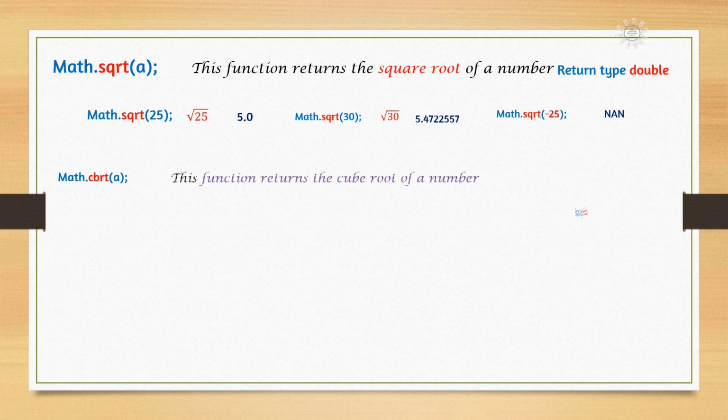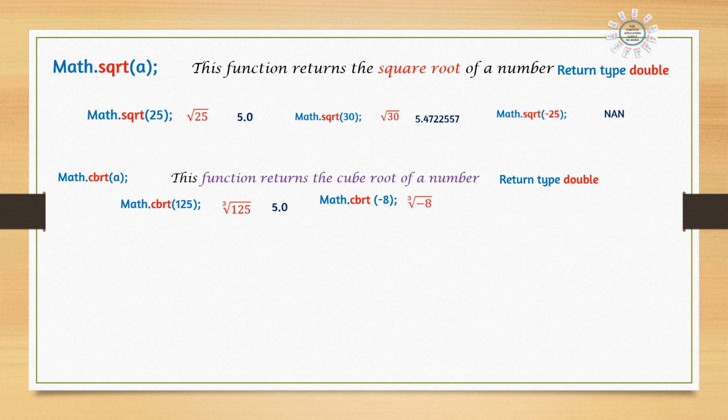And Math.cbrt, that is the cube root of the number, and the return type is double here also. But in this function, negative numbers will also work. Cube root of 125 is 5.0, and for minus 8, the cube root of 8 is 2, so minus 2 will be the answer, that is minus 2.0.